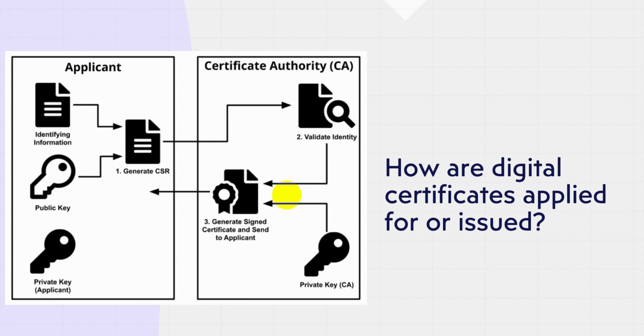The CA also has their private key and their public key. They use their private key to encrypt the hash value for this CSR file. They put that with the original public key and then send it back to the applicant.